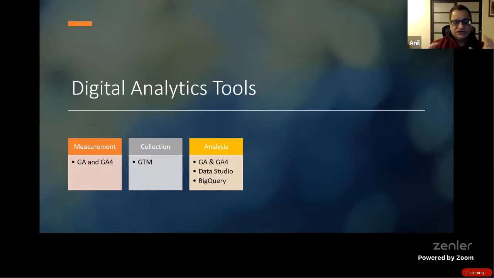Google Data Studio is a data visualization tool that you can point to Google Analytics or Google Analytics 4 and create charts, reports, and visuals of your data. It can go beyond what's provided in the Google Analytics and Google Analytics 4 reports. And then there is also BigQuery, where you can drill deeper by writing SQL.